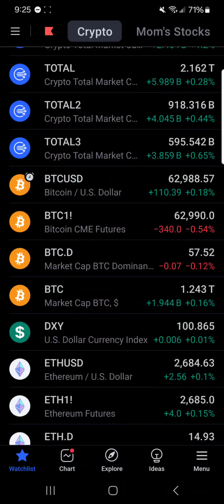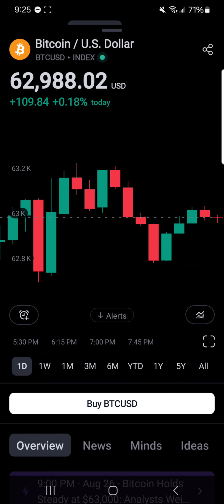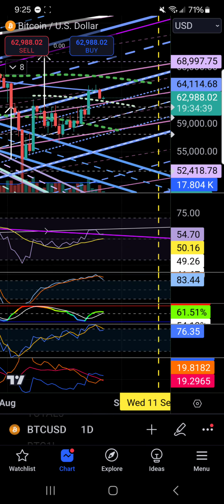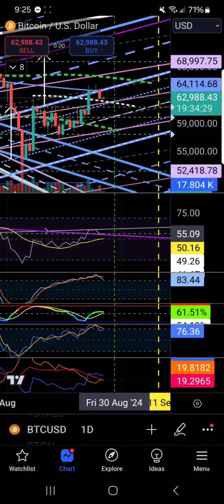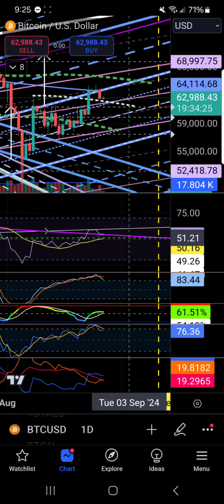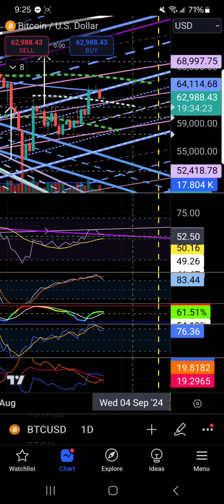Then also when we're looking at Bitcoin, you've got your oscillators down here. This is the daily. Bitcoin on the RSI is up above the 50% level here.